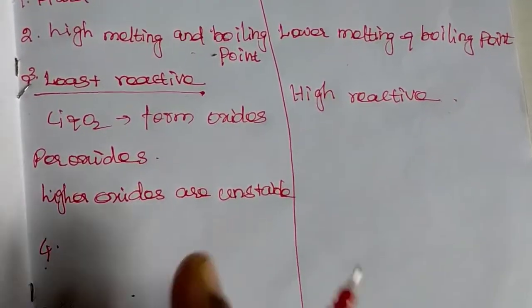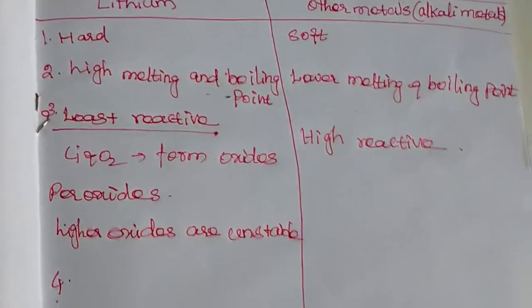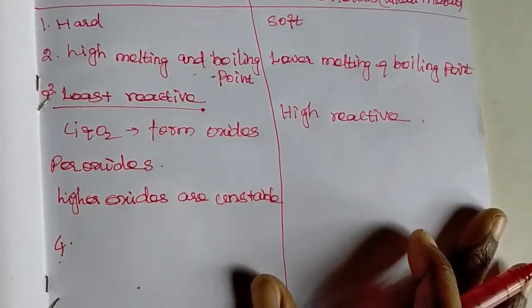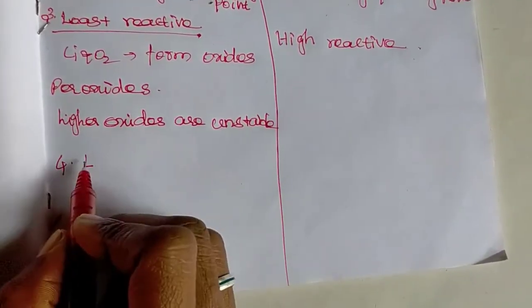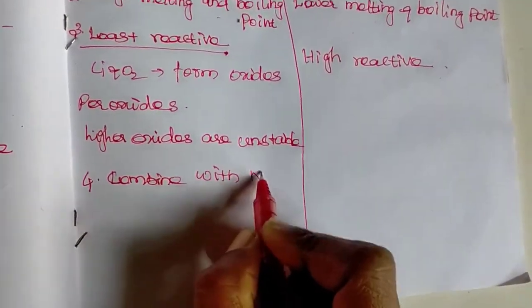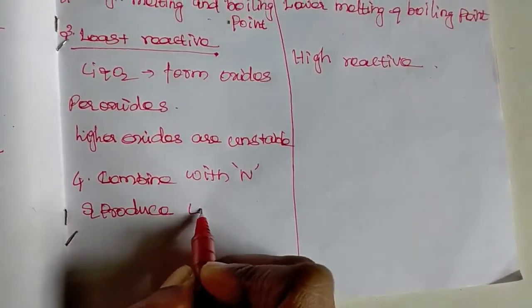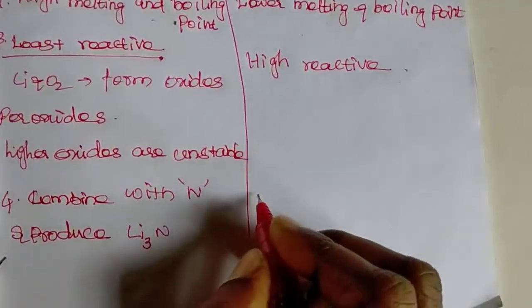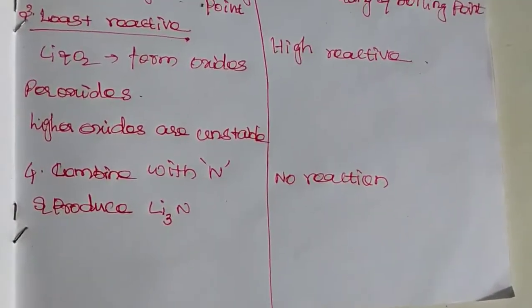In this character, lithium can react with nitrogen, but the other metals like potassium, sodium, rubidium, cesium do not react with nitrogen. There is no reaction of alkali metals with nitrogen.